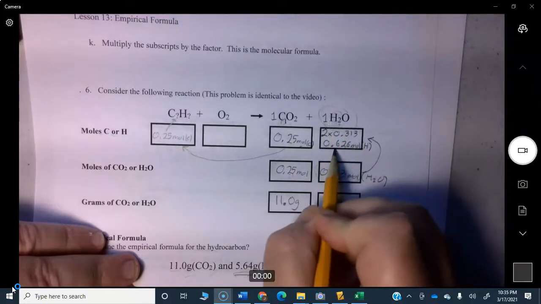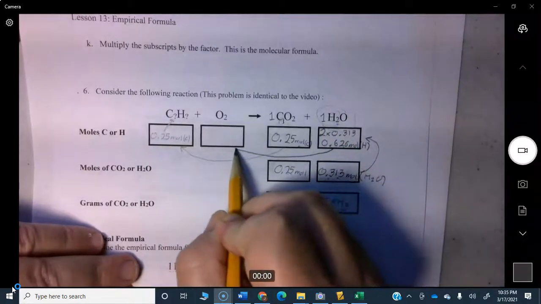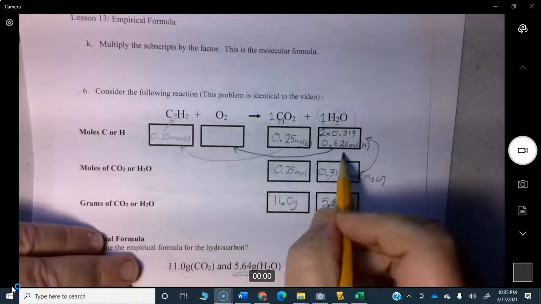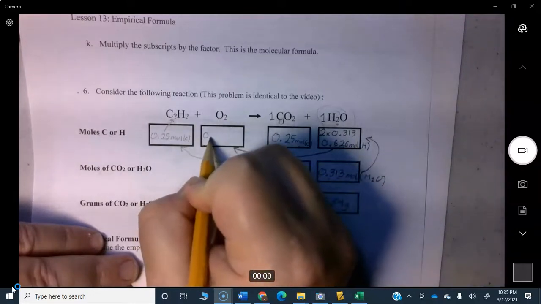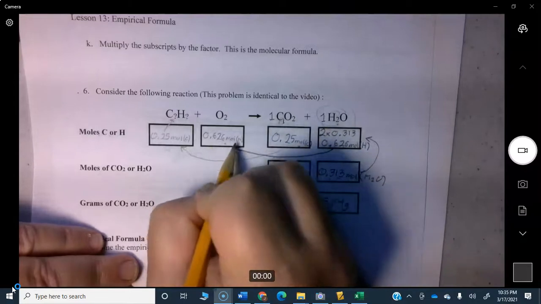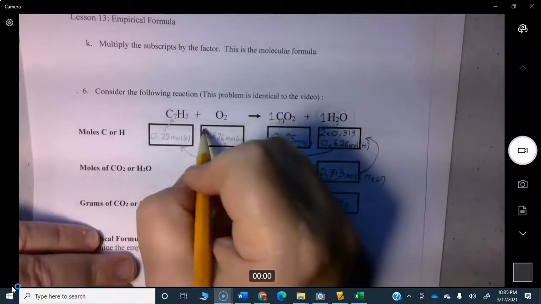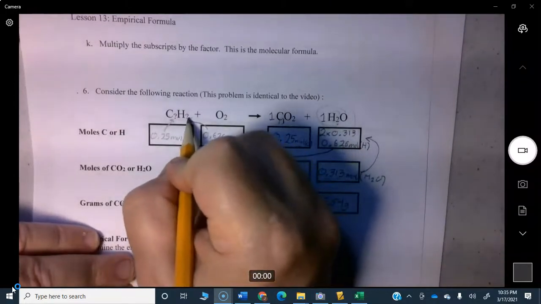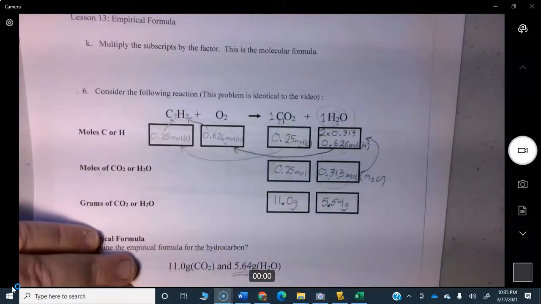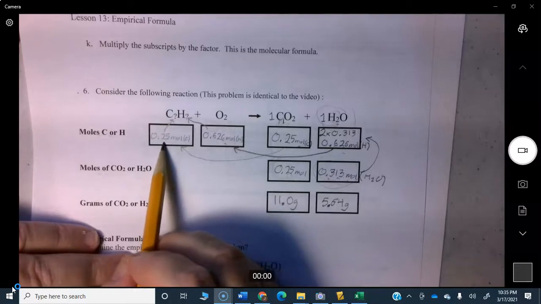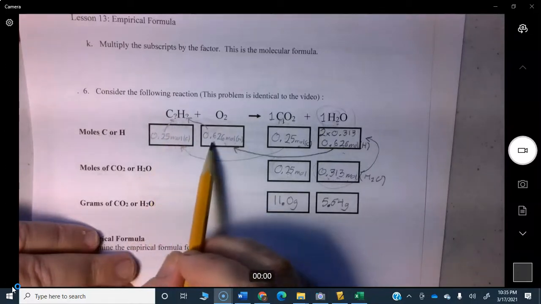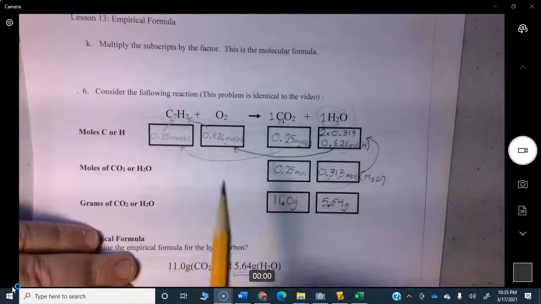It all had to come from one place, and that's right here. So that number, 0.626, goes here. Moles of hydrogen. And that is going to be that second question mark, that subscript right there. Okay, so we have 0.25 for carbon and 0.626 for hydrogen.